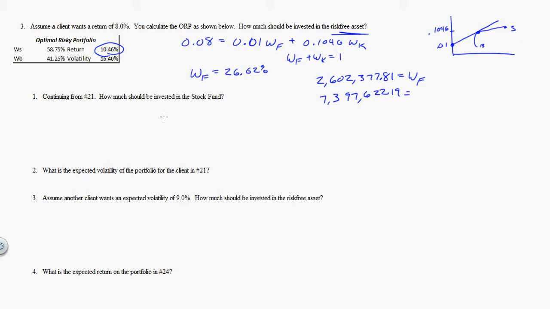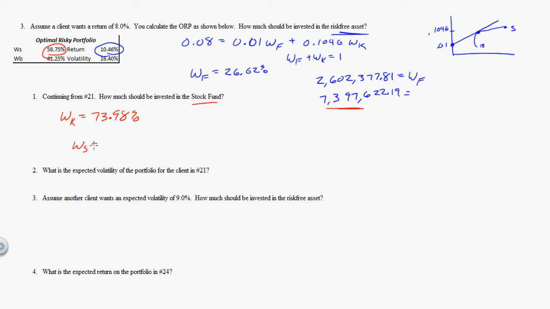So in number 21, how much should be invested in the stock fund? Okay, so here's how to figure out how much should be invested in a stock fund. I know that my optimal risky portfolio is going to have, and I'm rounding from this number, 73.98%. So 73.98% of my money goes into the optimal risky portfolio. My optimal risky portfolio is 58.75% stock.